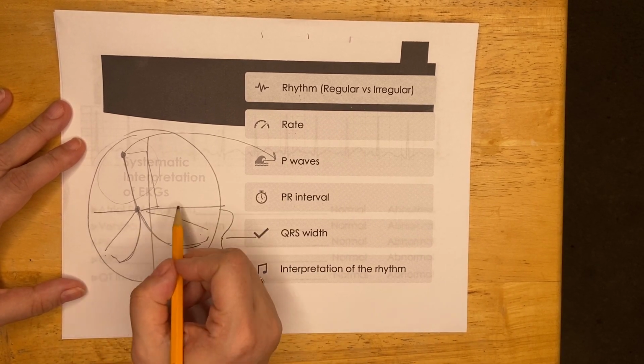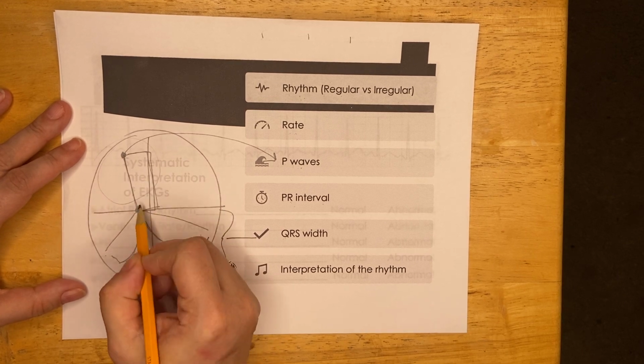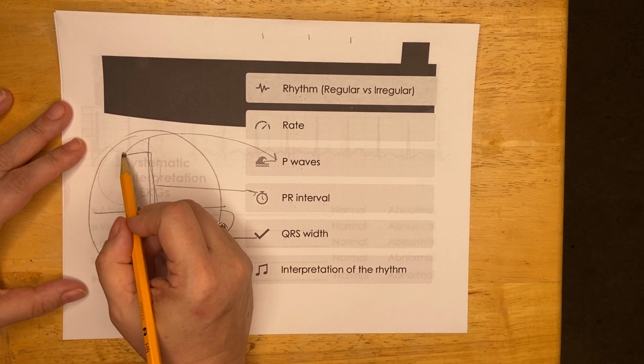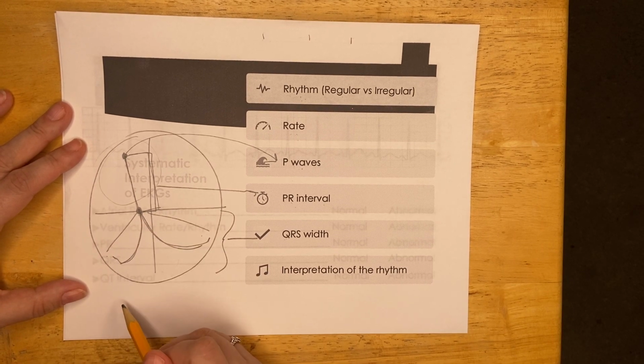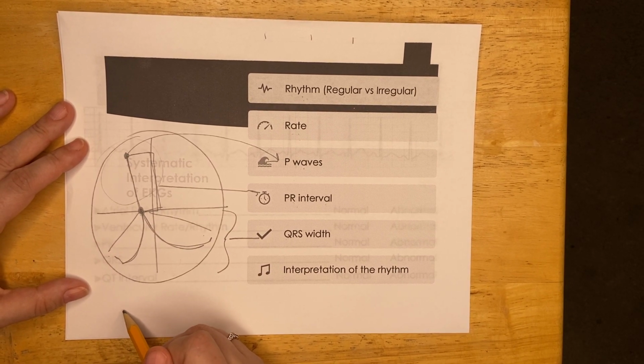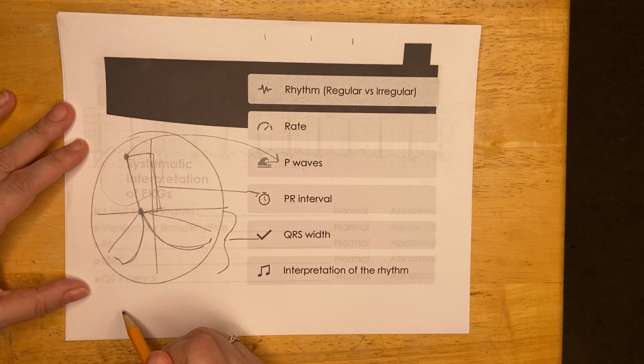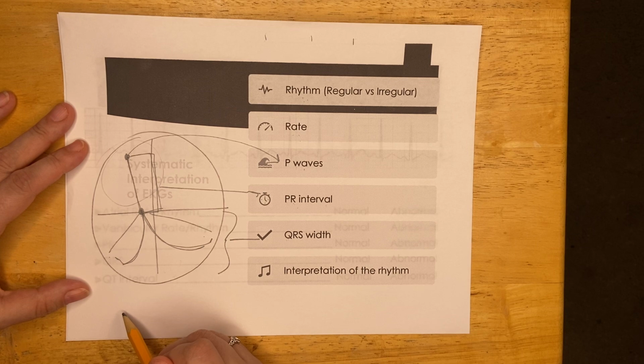The PR interval is measuring how long it takes to get from here to here through the AV node. That may not be terribly important right now, but when we get to AV blocks, it's going to be extraordinarily important, and you're going to hear me talk about it again.